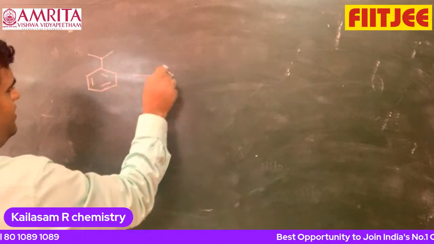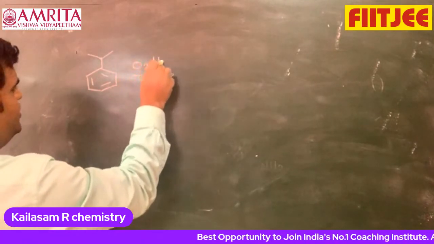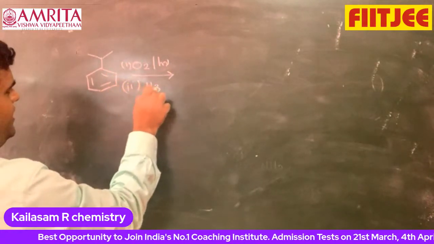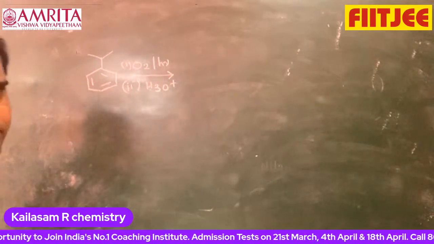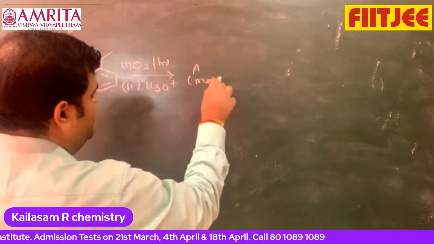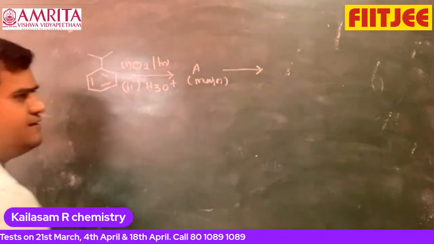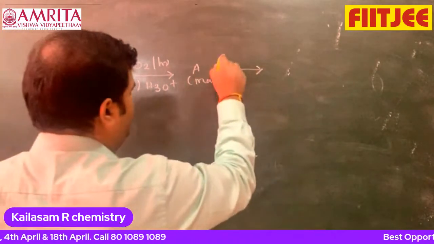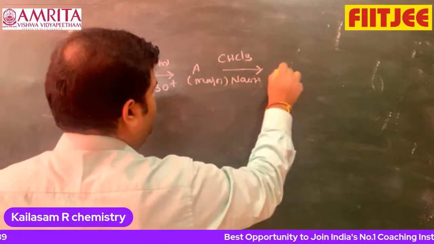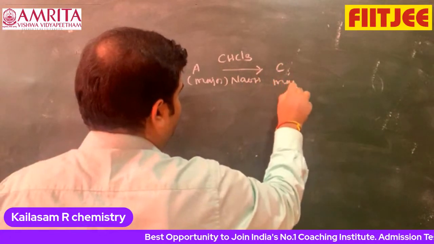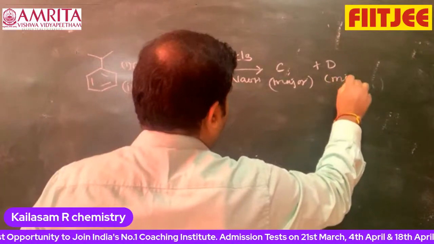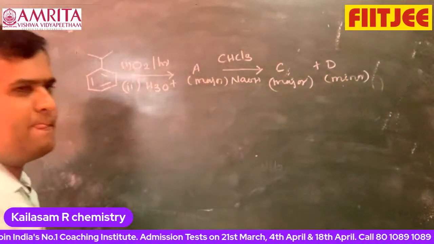Cumene, O2 in the presence of light, then H3O plus gives A, and I am going with that as the major product. Now I am going with CHCl3, NaOH, giving C as major and D as minor.